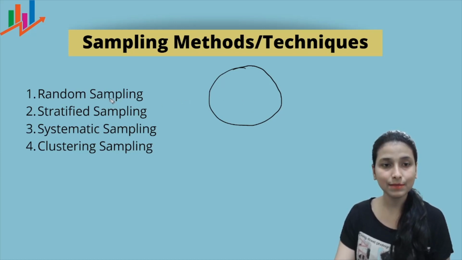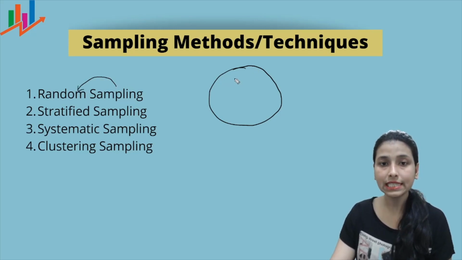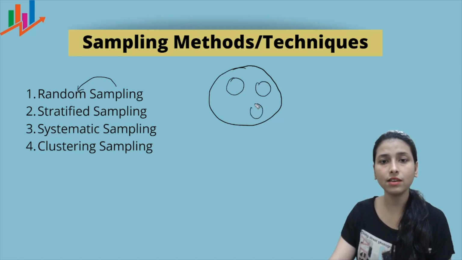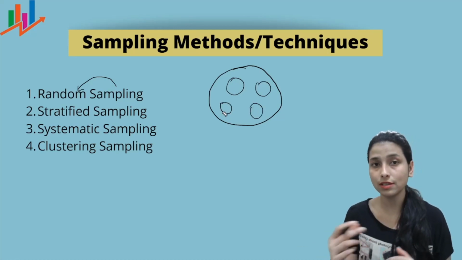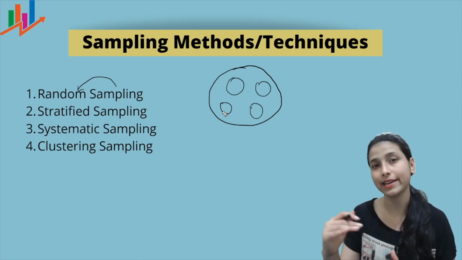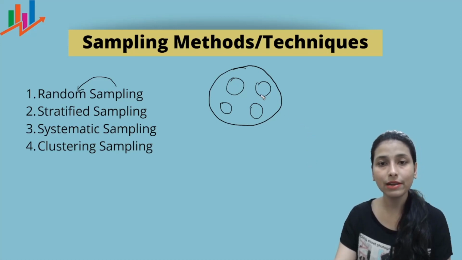As the name suggests, this sampling is done in a random manner. We will just take out the sample from anywhere, from any side of the population data. There is no such criteria defined or systematic manner in which we will sample the data. It will be done in a random manner. So this is what is called random sampling.